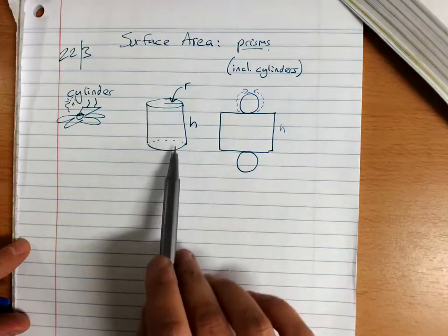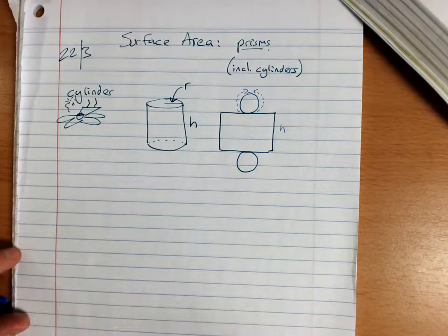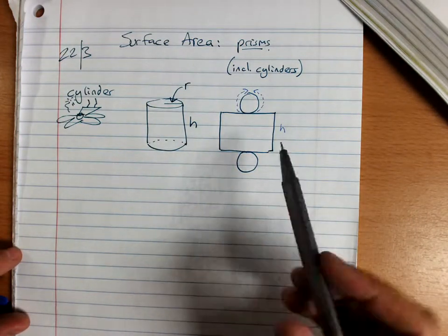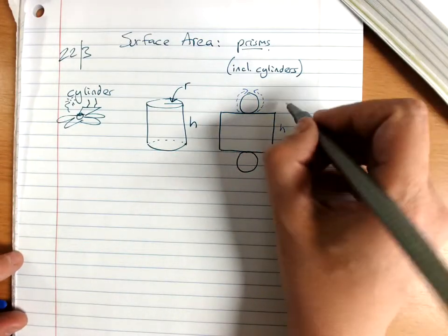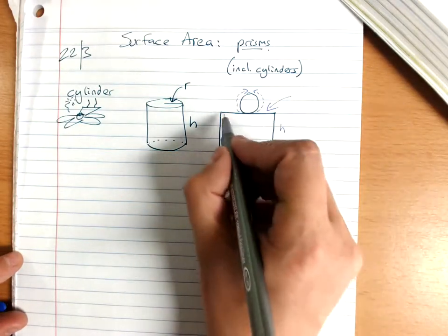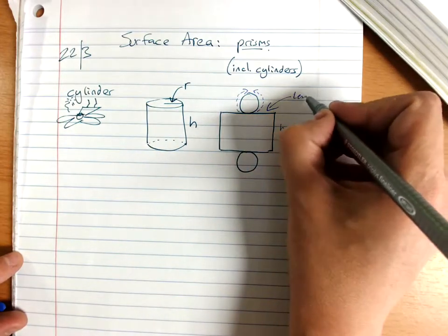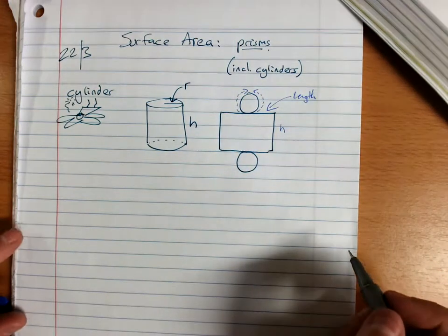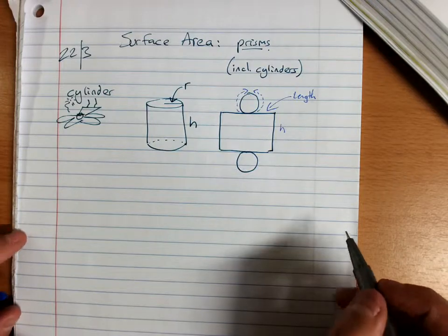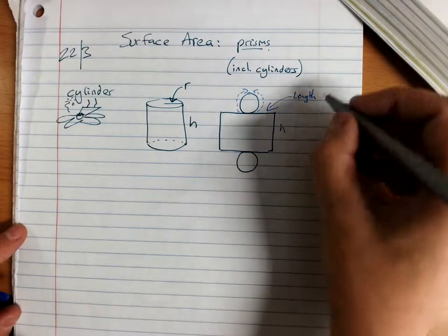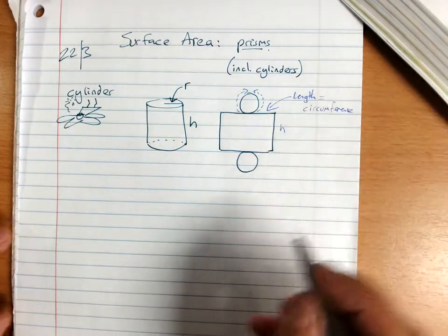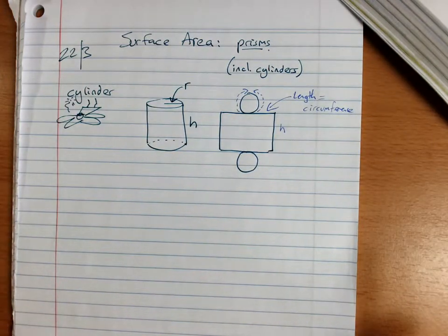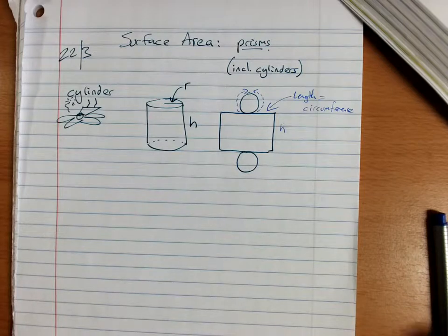So the distance between those two circles is the height of the prism, and there's a rectangle that wraps around, and so the length of that rectangle would be equal to what aspect of the circle? If it was a different shape, it would be equal to the perimeter of that shape, and I'll talk about that in a minute.